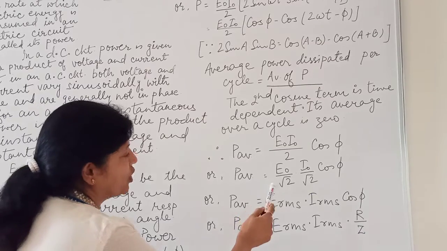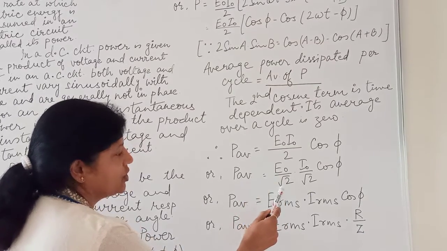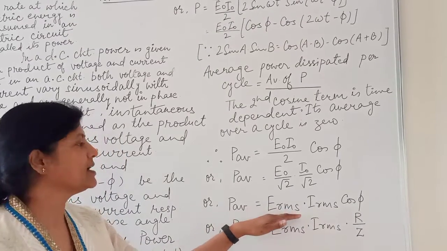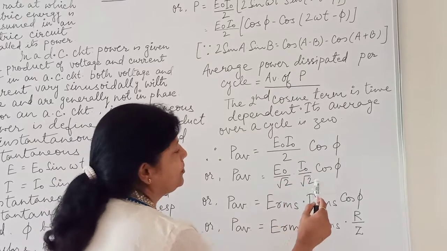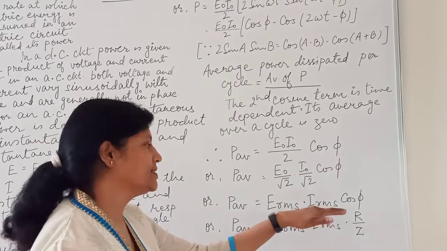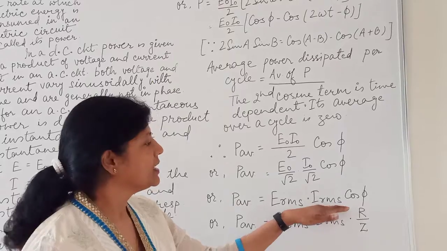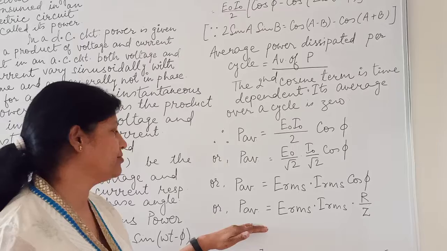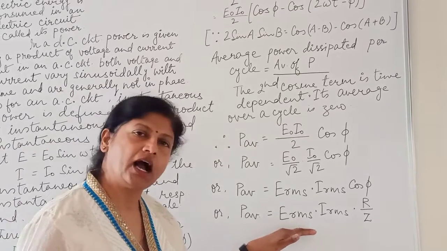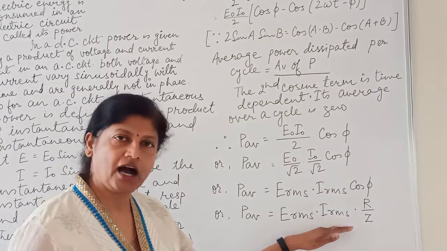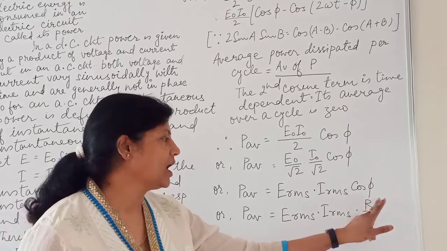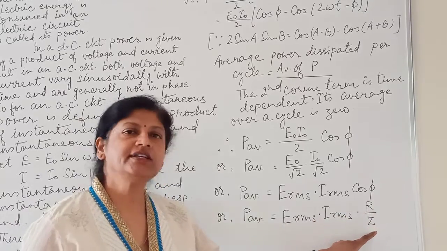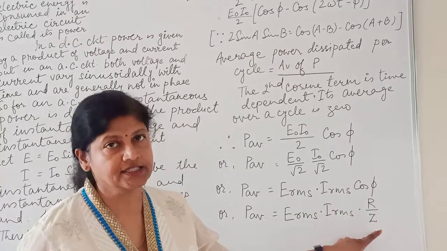For E naught upon root 2, we can write E RMS, and for I naught upon root 2 we can write I RMS, so P average is equal to E RMS I RMS cos phi. For cos phi we can write R upon Z.